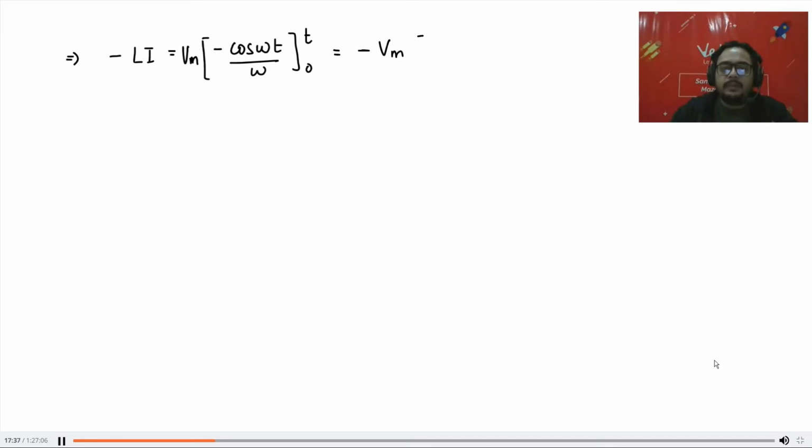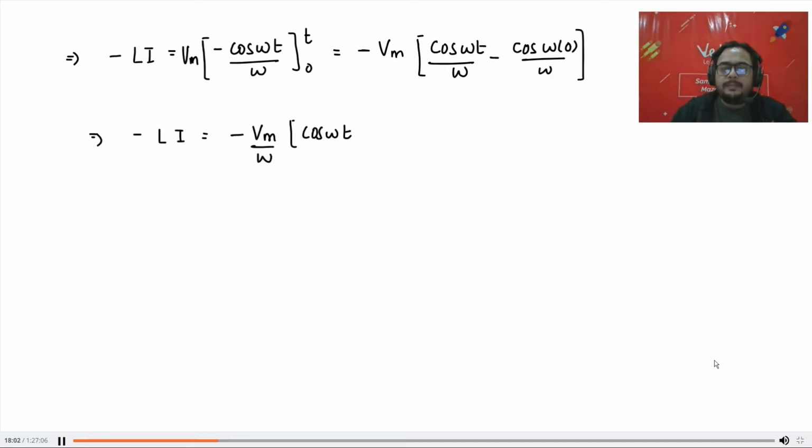Put the values, minus can come out, Vm, cos omega t by omega minus cos omega into 0 by omega. Clear? This will be minus Li is equal to minus Vm by omega into cos omega t.